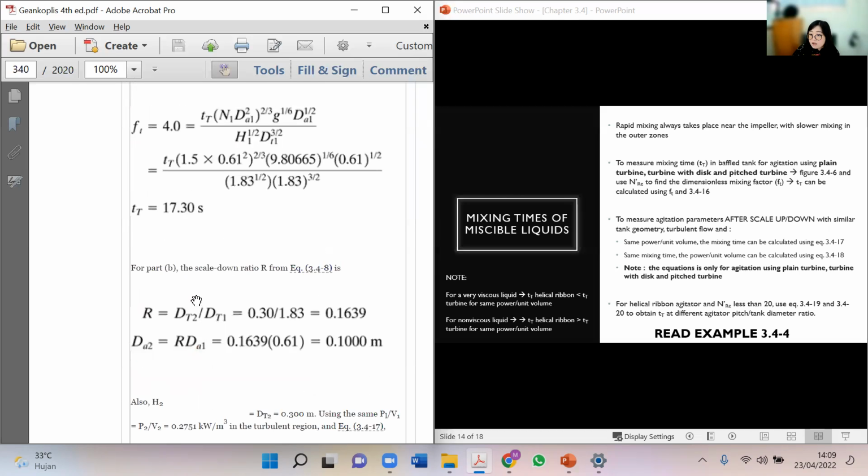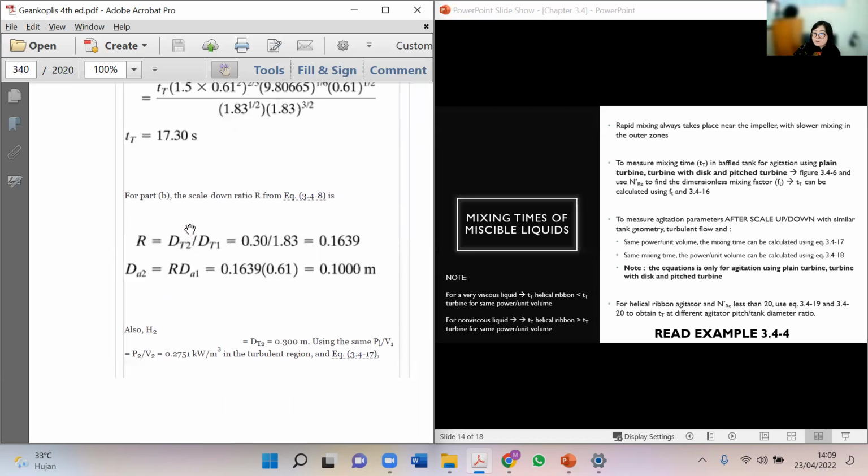Now for part B, we have to scale down because the volume is smaller. Using equation 3.48, we can find the ratio. The smaller tank has a diameter of 0.3 instead of 1.83, so it's actually only 16% of the original in volume.